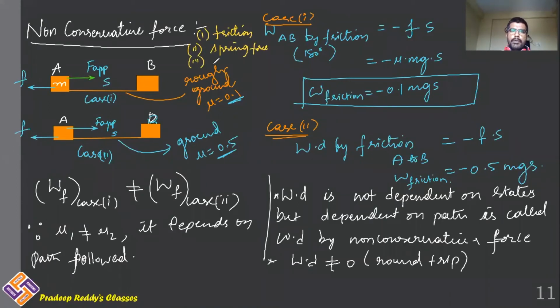Number 3, molecular forces. So these are few examples of non-conservative forces, work done by non-conservative forces. So that's what non-conservative forces do, work in such a way that it is not equal to 0, even for round trip also.